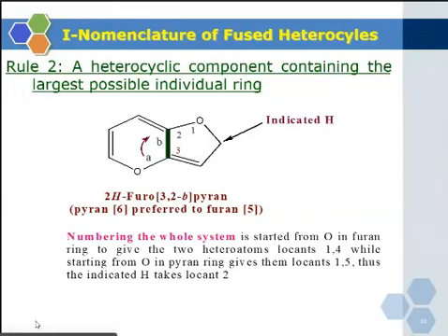Here either they may get position number 14, 15. However, the heteroatom locant 14 starting from O in the pyran ring gives them locant 15. Thus, it is indicated the H takes locant number 2.